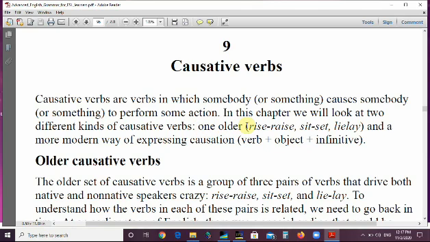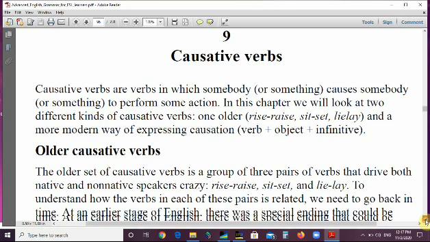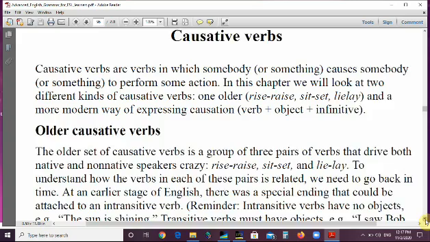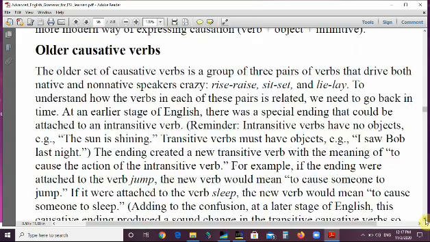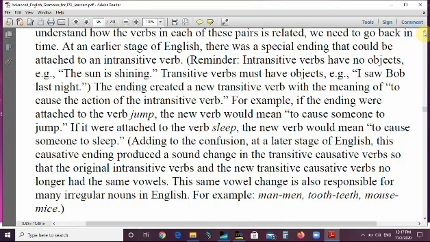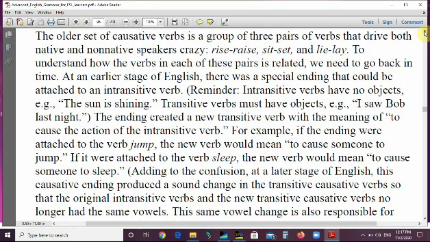One, older, like rise and raise, sit and set, lie and lay, and a more modern way of expressing causative: verb plus object plus infinitive. Older causative verbs like rise and raise, sit and set, lie and lay.